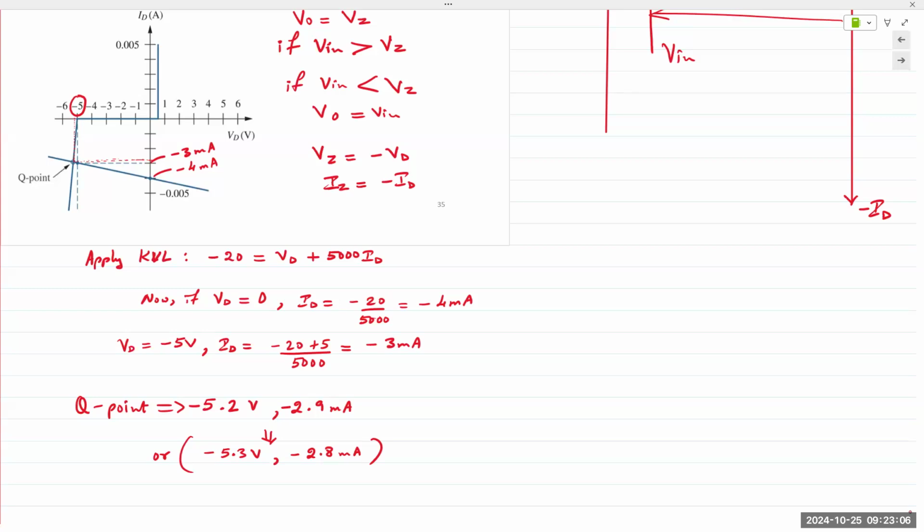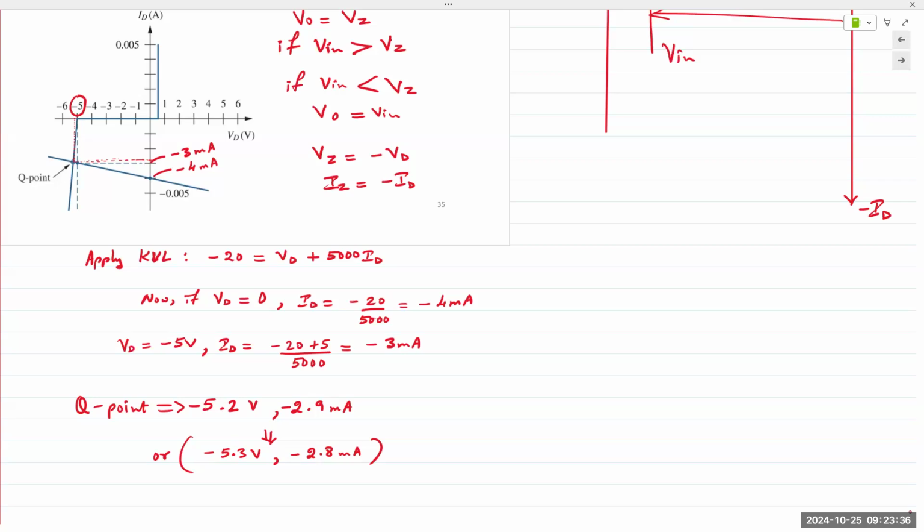So the Q point is basically the operating point of the device, right? The Zener voltage VZ is 5 volts, but the operation of the device is constrained by the external circuit, which is the supply voltage and the resistance. If you think back to the beginning of the diode analysis, load line analysis was the first one we did.